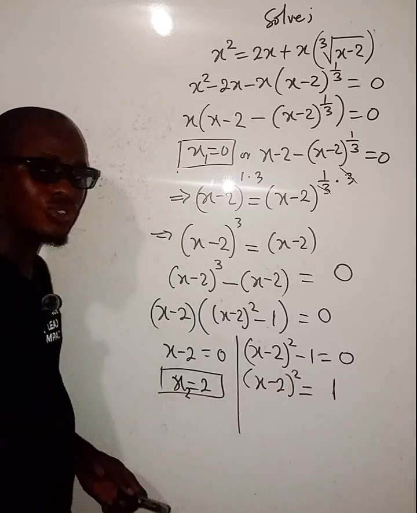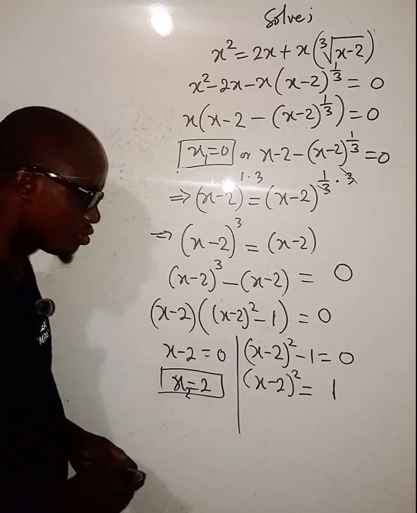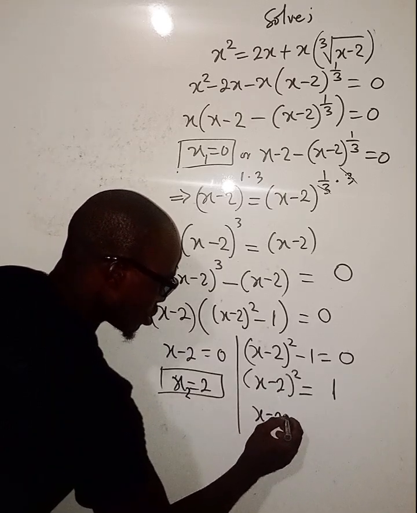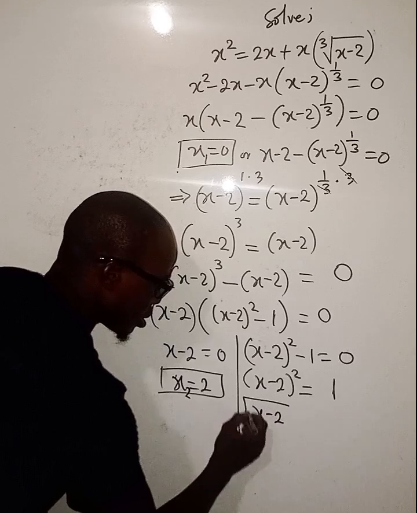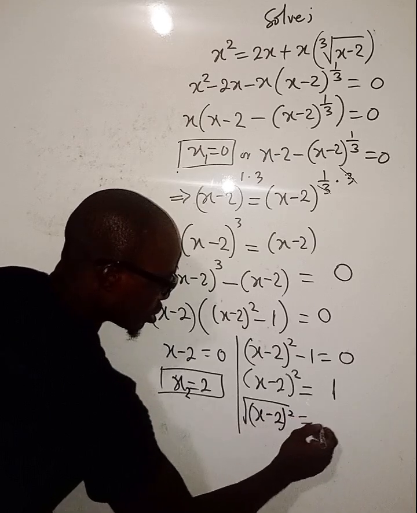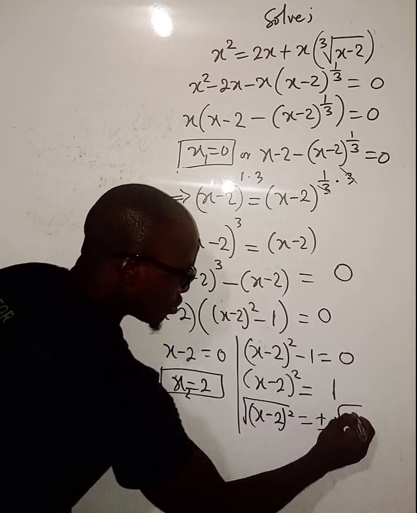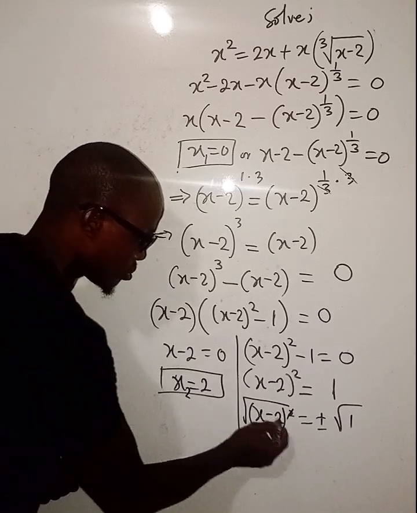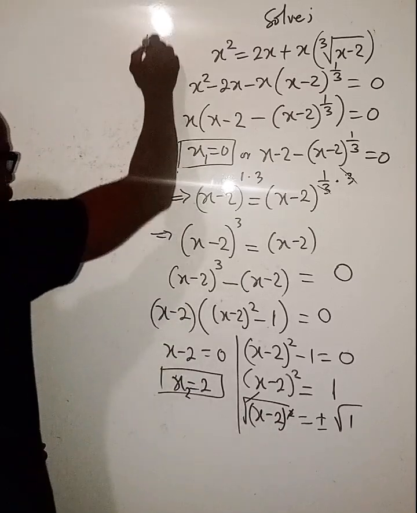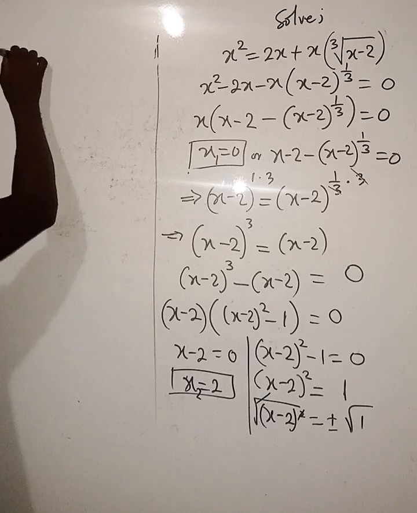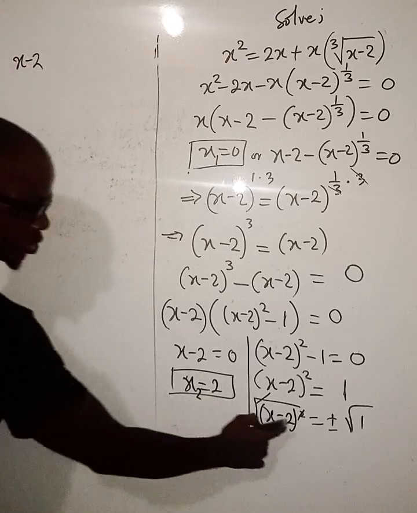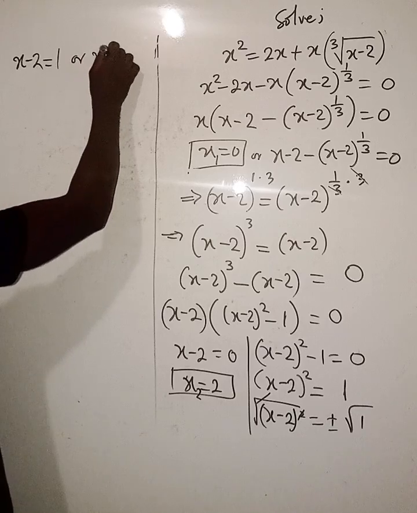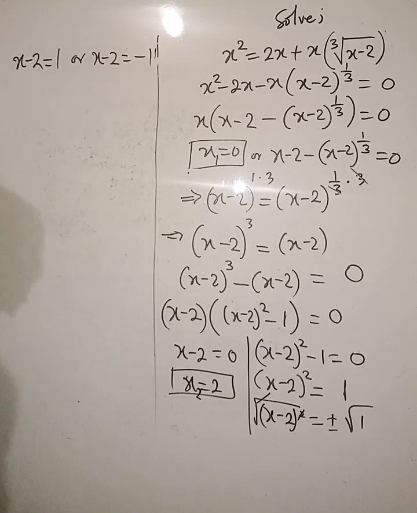Now, to get rid of the square, we have to take the square root of both sides. We're going to have x minus 2 equals plus or minus the square root of 1. Are you following? So here we're going to have x minus 2 equals 1 or x minus 2 equals minus 1.